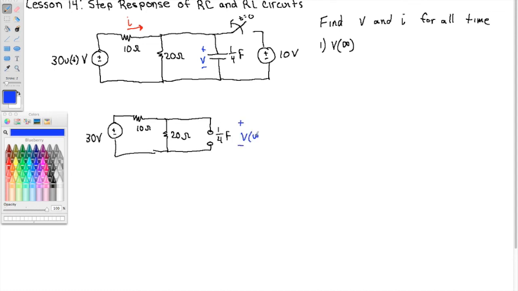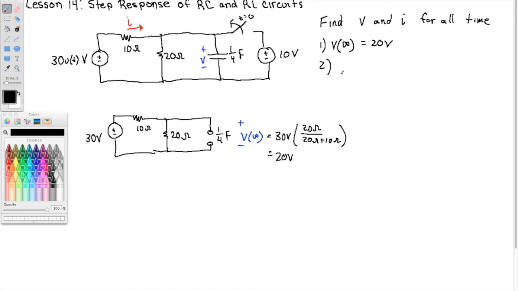This is V of infinity. Again, we can get this from voltage division quickly. This is 30 volts times 20 ohms over 20 ohms plus 10 ohms. So that fraction is 2/3. 2/3 of 30 volts is 20 volts. Okay, step 1 done.